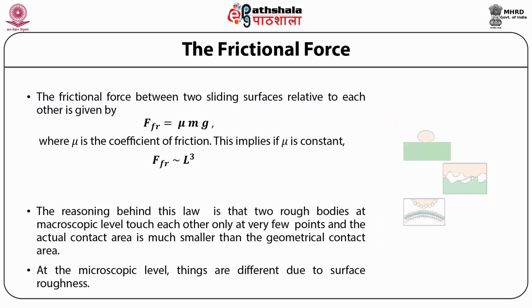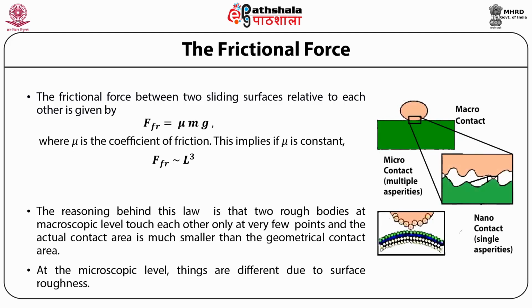Now, a scanning probe microscope, like AFM, that is atomic force microscopy, can be used to study friction at nanoscopic level by measuring the forces between the probe and the sample as a function of their mutual separation.